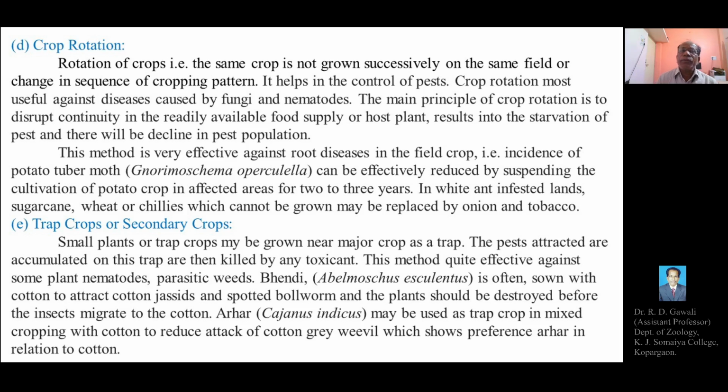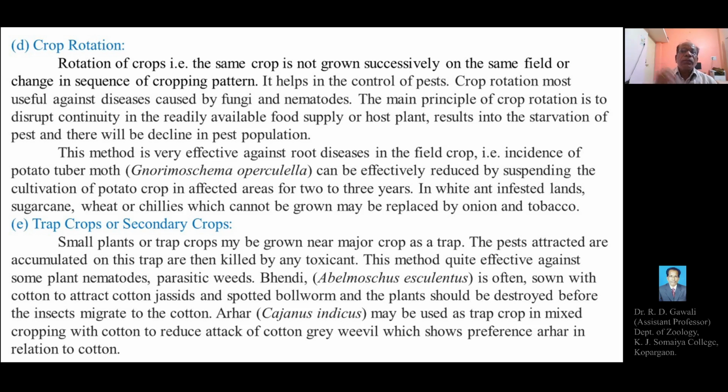So, due to the lack of proper food, the pest population ultimately gets decreased. This is the advantage of crop rotation. The same crop is not grown successively on the same field, but the sequence of the cropping pattern is changed, and this helps in control of pest.